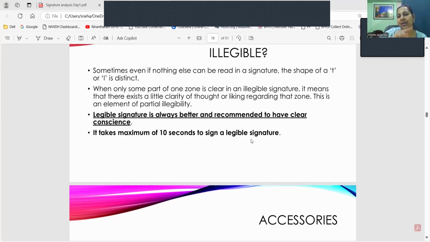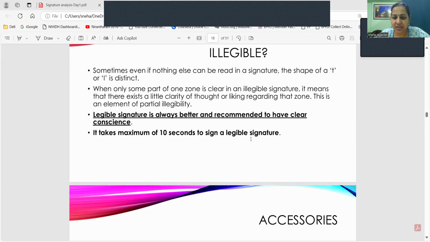There could be some starting stroke that people follow while doing the signature. Some people draw hard, or do some kind of doodling next to the signature. All these things come under the part called accessories.